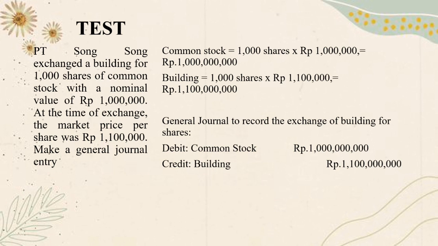And the building is 100 shares multiplied by 1,100,000 rupees equals 1,100,000,000 rupees. So the general journal to record the exchange of building for shares. In debit, there is common stock, and in credit, there is building.